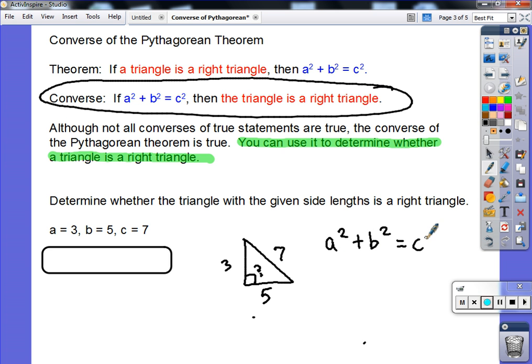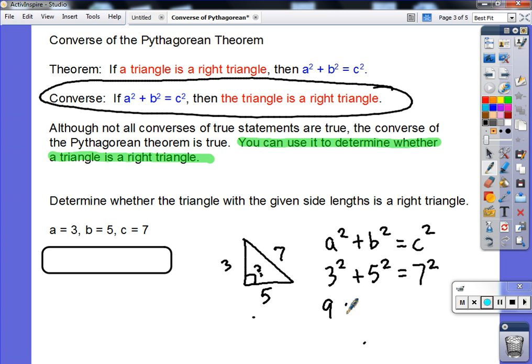So we're going to plug these numbers into our Pythagorean theorem. My a value is 3, my b value is 5, and my c value is 7. So if 3 squared plus 5 squared does in fact equal 7 squared, I have a right triangle. If this does not work out, if I get a different number on the left side than what's on the right side, it is not a right triangle. When we simplify this, make sure that we use our order of operations.